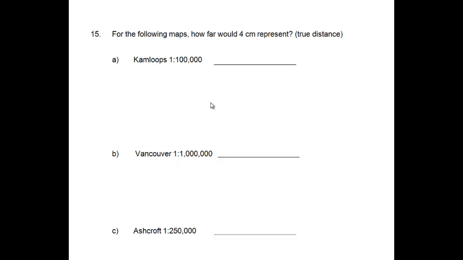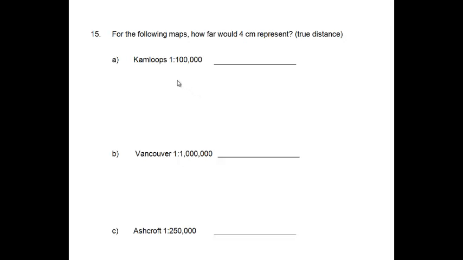So when I take a read of it, it says, for the following maps, how far would 4 centimeters represent? And then they give examples of different scale maps. When I take a look at this, I think, how am I going to approach it? I have to remember that one of the main exercises we were given is how to translate map distances to real world distances.